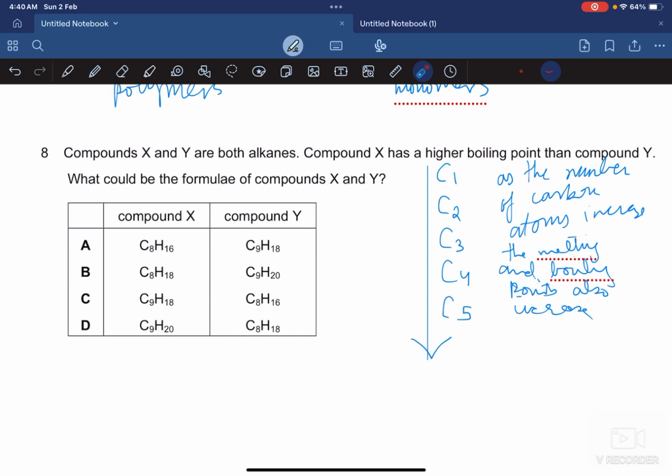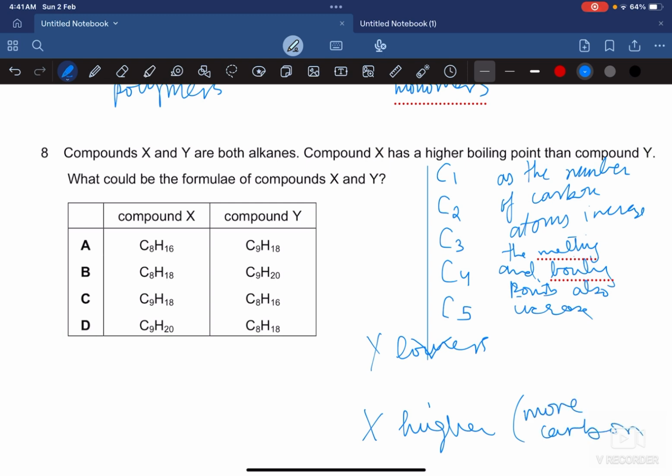So what they're telling us here is that compounds X and Y are both alkanes, and X has a higher boiling point than compound Y. X has the higher point and Y has the lower. What that means is that X is going to have more carbon atoms than Y.